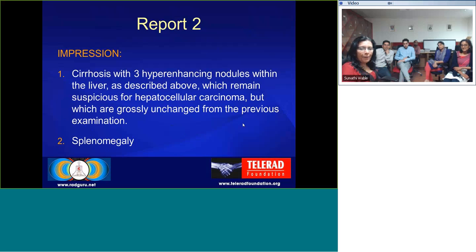So over time, our reporting also evolved, and we found by experience, and other groups also came up with the same finding, that many lesions that were very tiny foci of arterial enhancement were transient, and lesions less than 1 centimeter were not reliable.